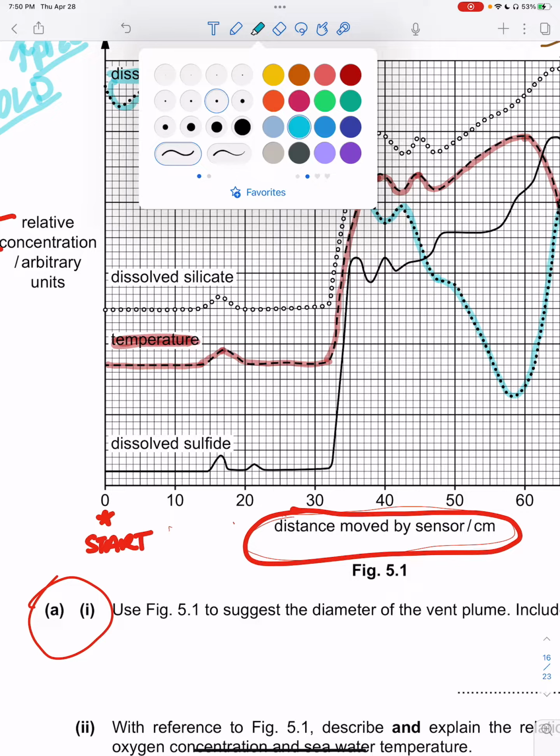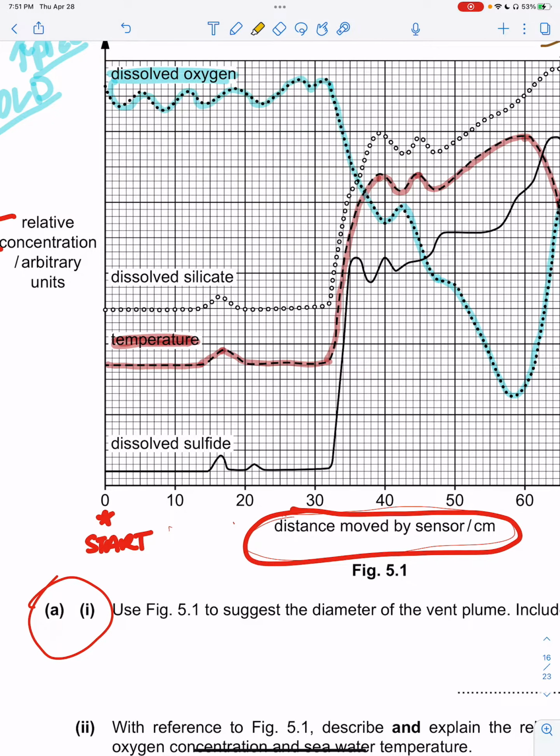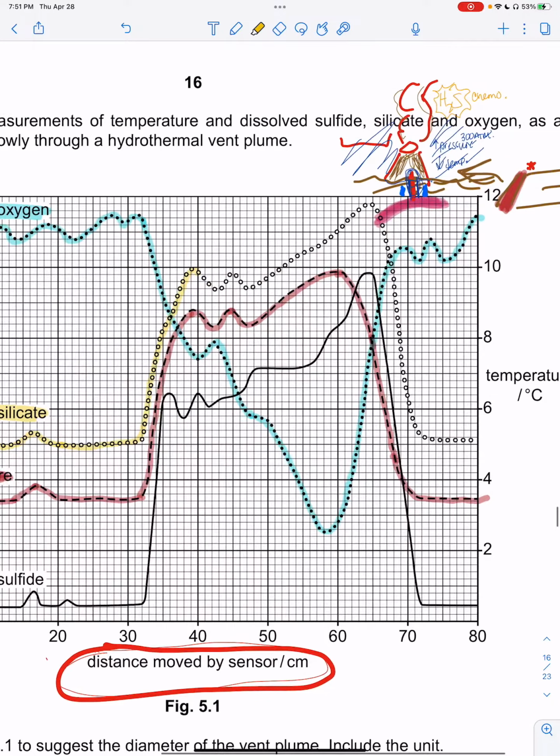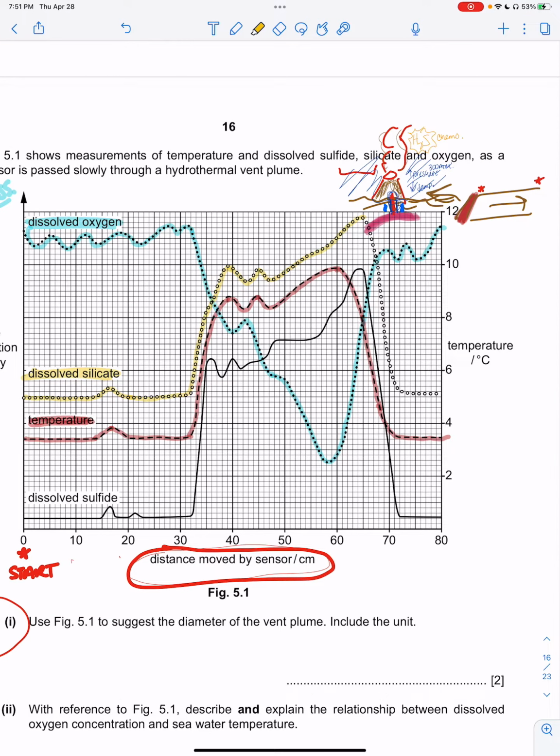Okay, so we have dissolved sulfide and dissolved silicates. Orange I don't want to use, because orange might be too close to that red. Silicates is actually what sand is made of. I think diatoms have a lot of silica in them.